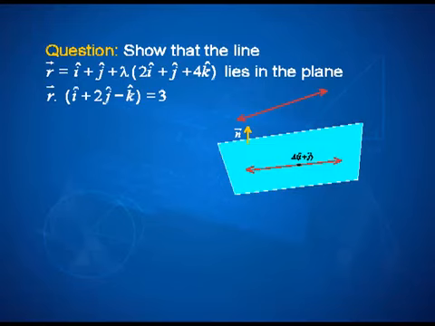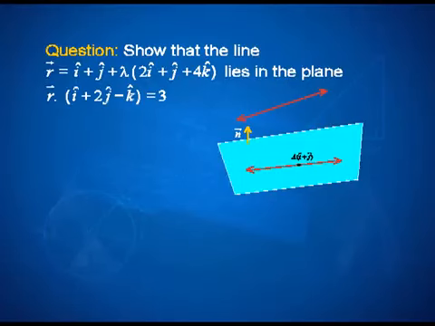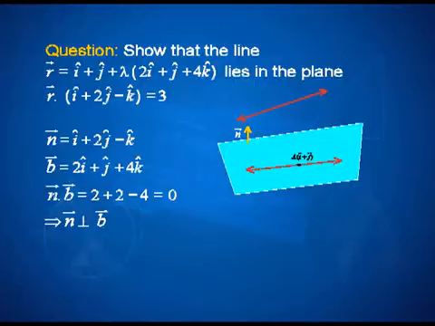So, for the line to lie on the plane, along with showing that the normal is perpendicular to the line, I must show that the point which lies on the line also is a point of the plane. Therefore, if I can show that the point A satisfies the equation of the plane and the vector n is perpendicular to the vector B, which defines the direction of the line, then our job is done.